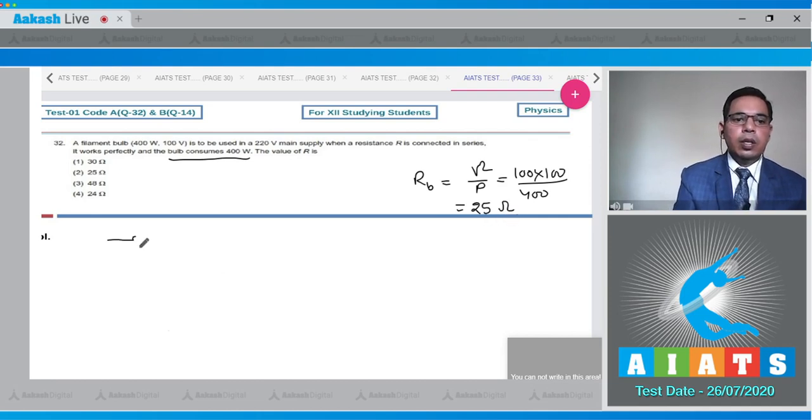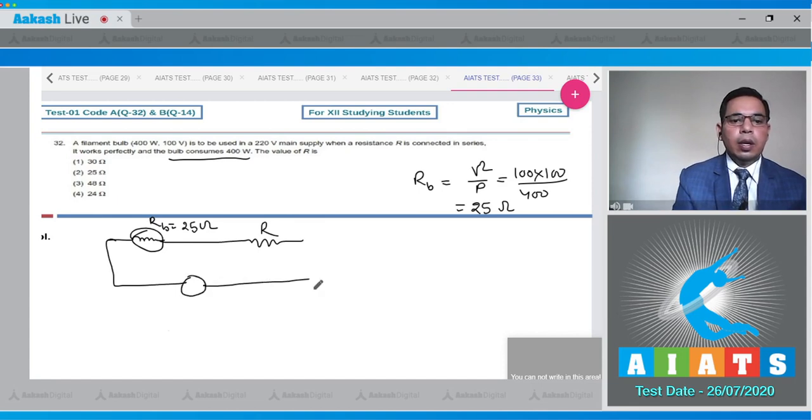Now consider this is the bulb, RB equal to 25 ohm, and here one resistance is connected in series so that the potential can be divided. Now this voltage is 220 volt, and here it has to be divided such that the bulb gets 100 volt because it is rated at 100 volt and 400 watt.